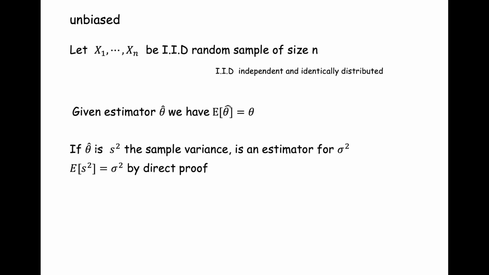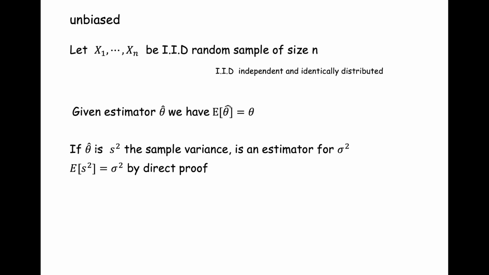And so let's assume an example. If theta hat is s squared, the sample variance, we hope that it would be a good estimator for sigma squared, which is the population variance. You can prove by direct proof that the expectation of s squared, the sample variance computed over the samples x1 through xn, is exactly sigma squared.